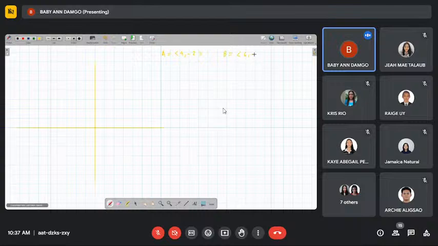So for 4, negative 2, so we have this is 2, 4, then negative 2. So we have this vector. So this is the vector A. And then for B, we have 6, negative 3.